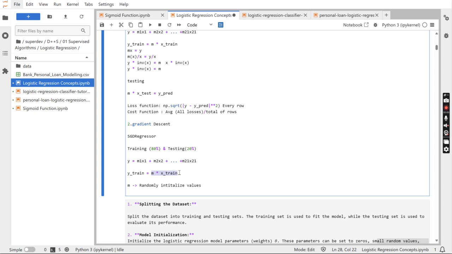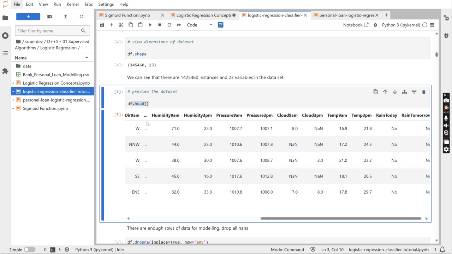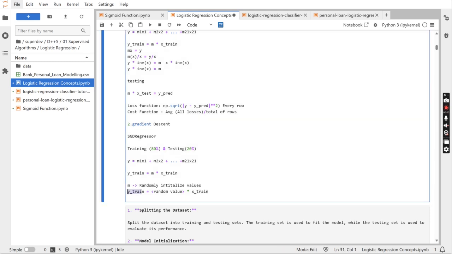If you multiply in this equation, you will get certain ypred values. Note that m is randomly initialized, and some random value gets multiplied to x train. X train is again all these features. Y train you already know, which is your ones and zeros.